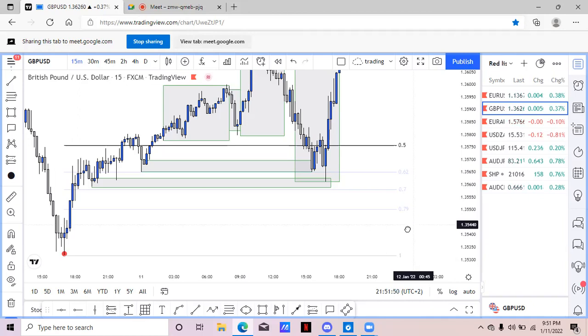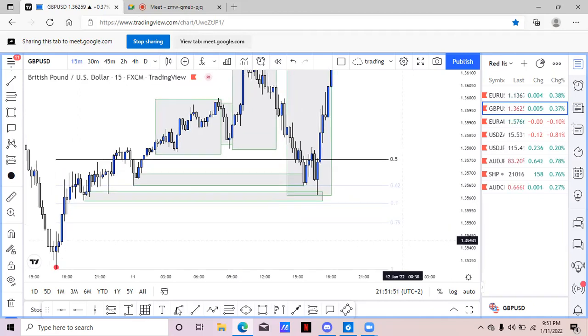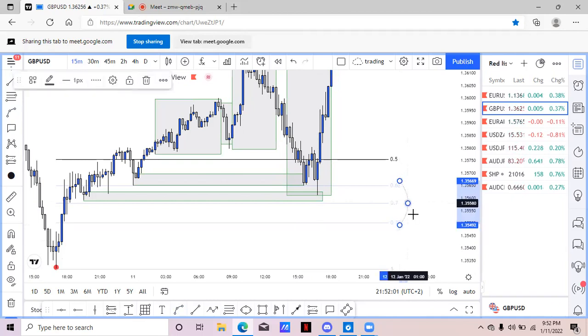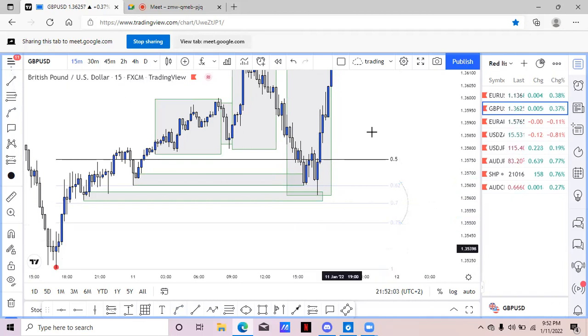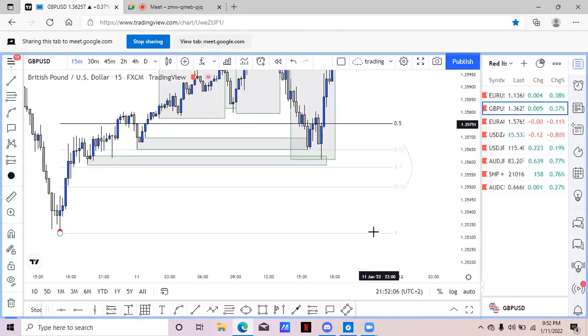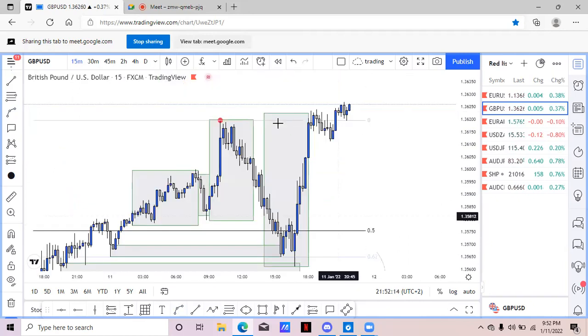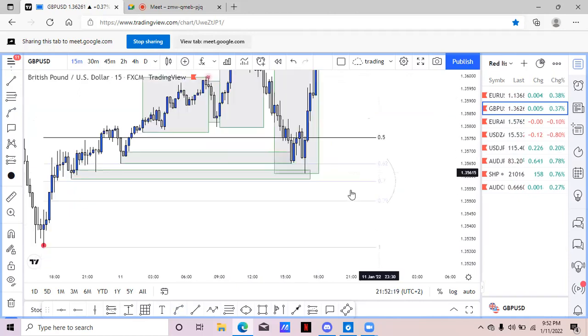Those are just part of them, but I'm mostly focused on these levels, and then check my order block between these levels. You see, discount price is below this 0.50 and above this one, it's all discount price, because this 0.50 is in the middle between premium and discount.